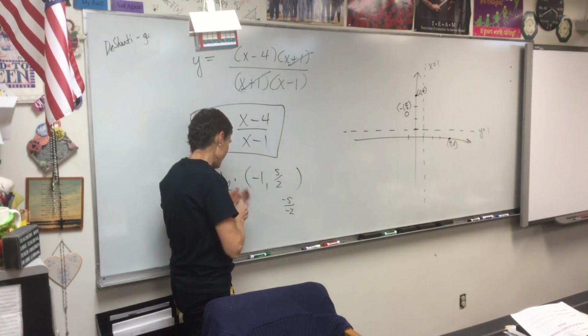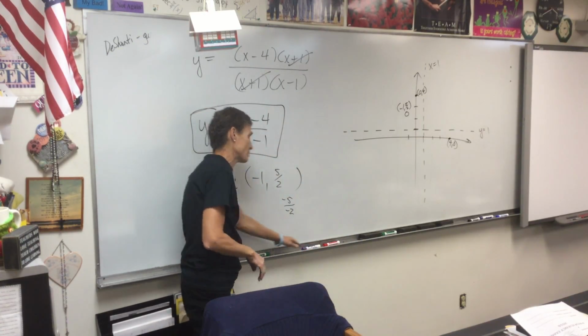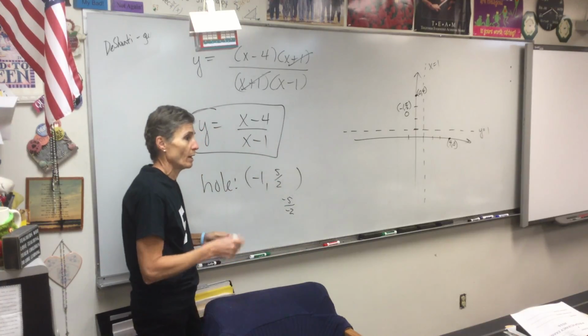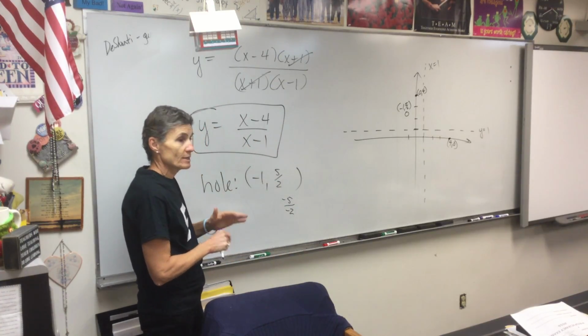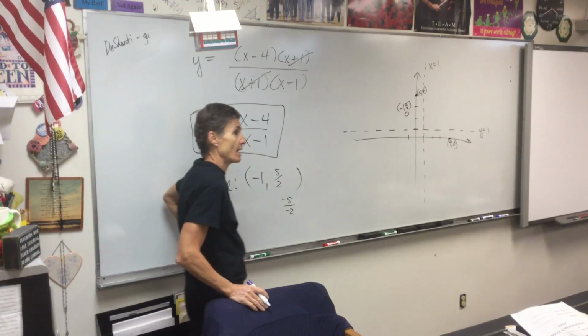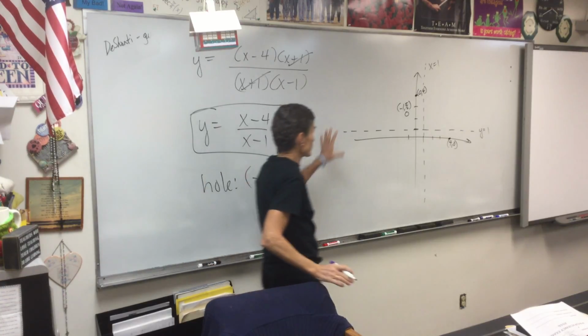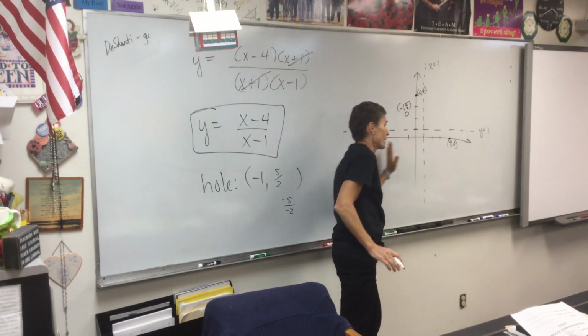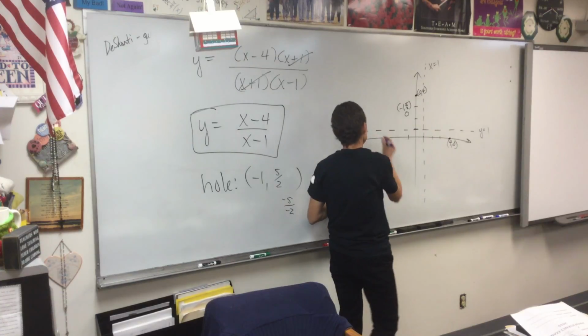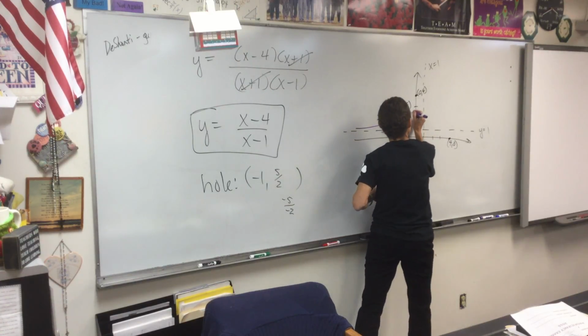Now, believe it or not, even though this problem has a hole, it is way easier than the last one. I think you can tell exactly what it looks like. What do you think is going on over here on the left side of my asymptote? Yep, Maddie's got it. She's drawn this in the air.